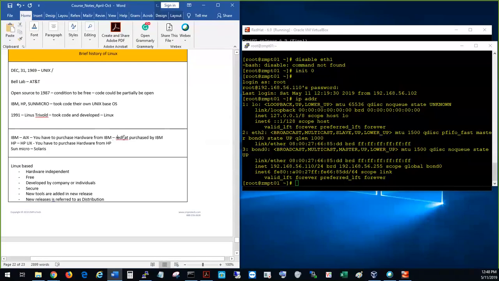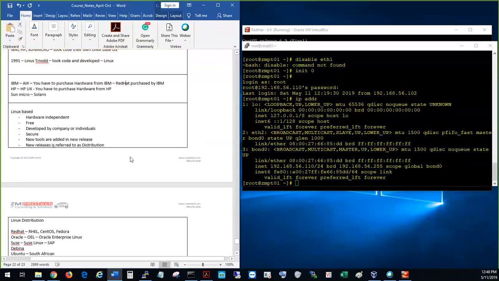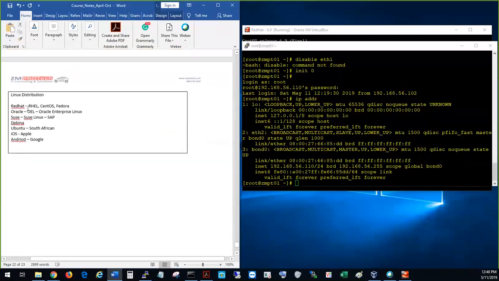So Red Hat is free, but what is not free is the support.